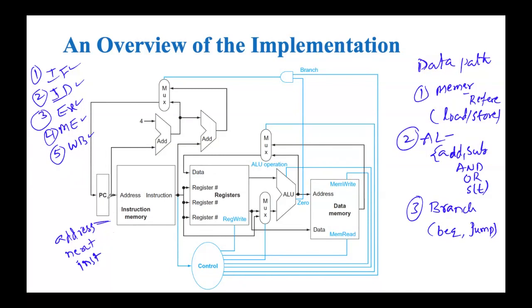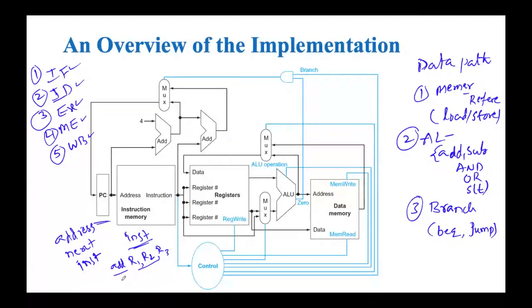Another component is the instruction memory. The instruction memory holds the instructions. We know that an instruction is written in terms of opcode and operands. There are 2 parts in the instruction. Suppose we have an arithmetic and logic instruction, add R1, R2, R3. This is the opcode and these are the operands.